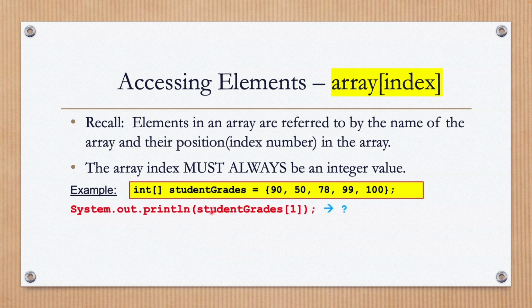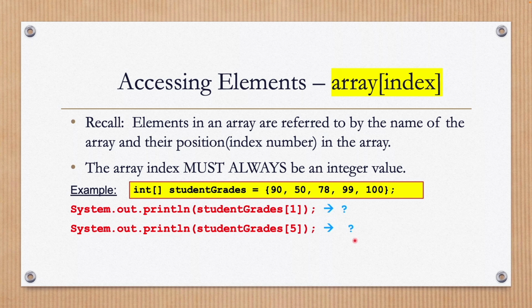Let's take a look at each one of the code given here, and you figure out the output of each code. What do you think this will give you? Okay, that's right. It should be 50. So studentGrades at position 1 is 50. studentGrades at the position of 5.